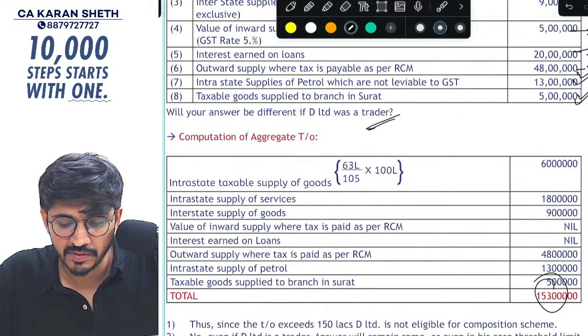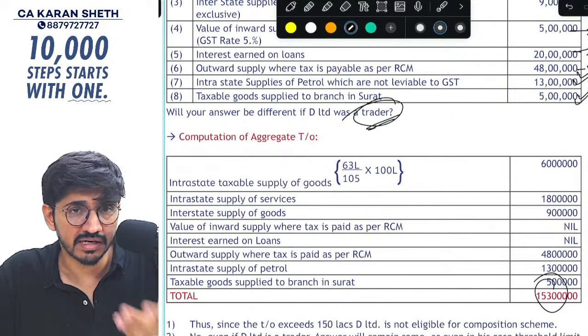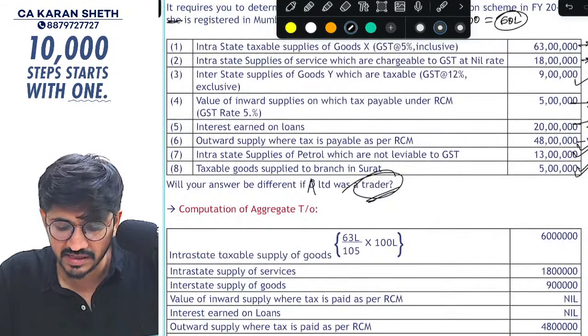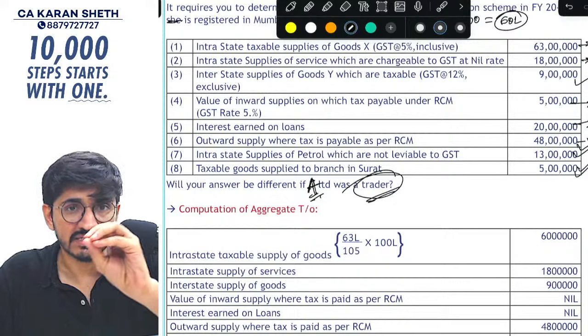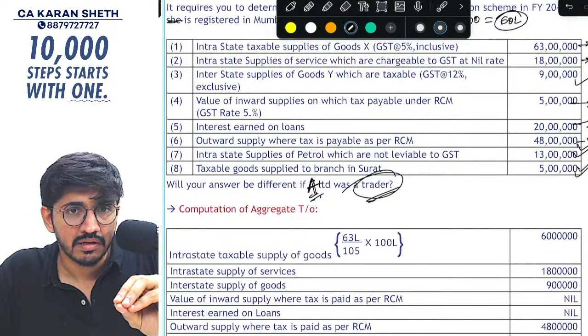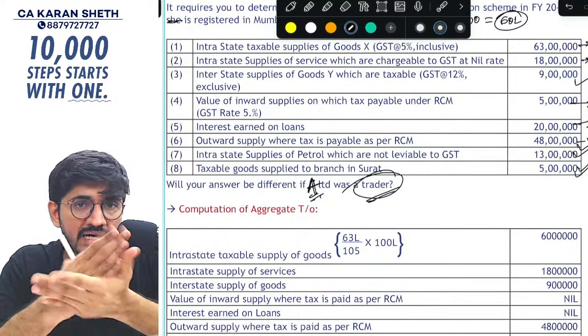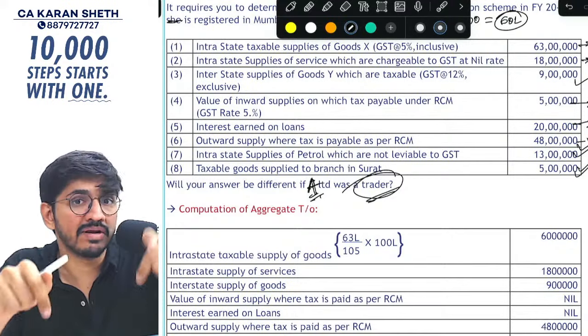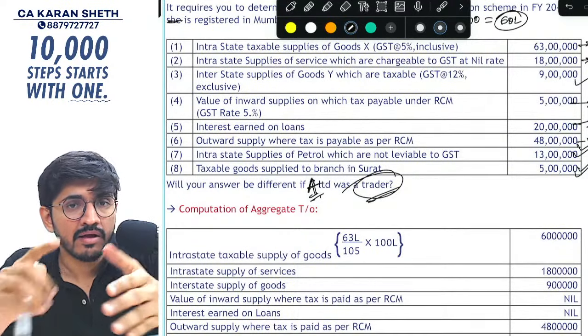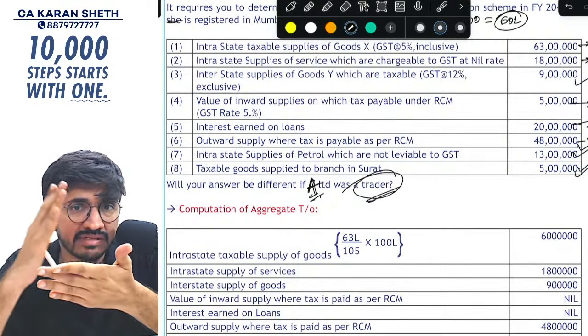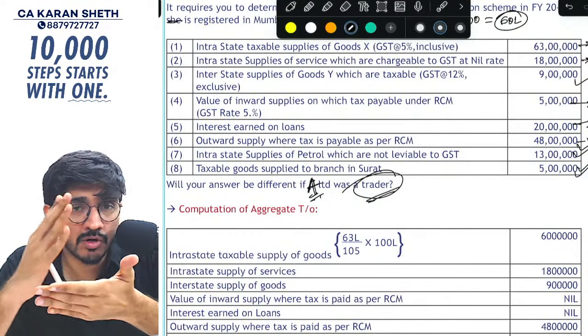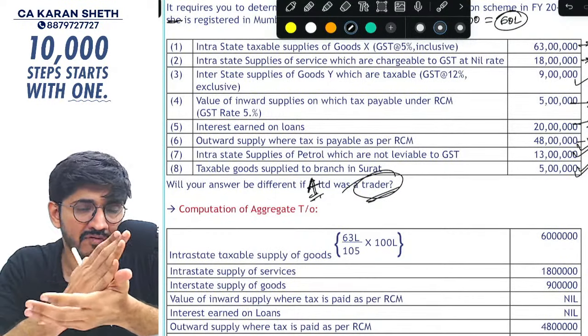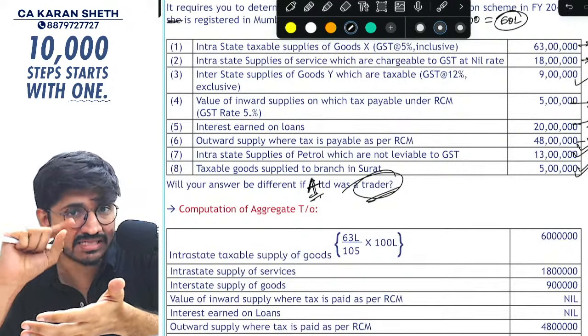Acha, will your answer be the same if D is a trader? Not D, A is a trader. Answer is yes. Understand, being a trader or a manufacturer impacts your computation in the current financial year. Why? Because a trader discharges his liability at 1% on only taxable supplies, and a manufacturer at 1% on taxable and exempt supplies.